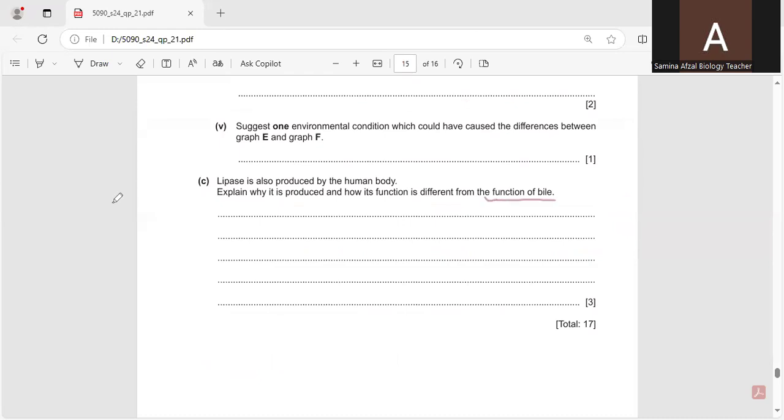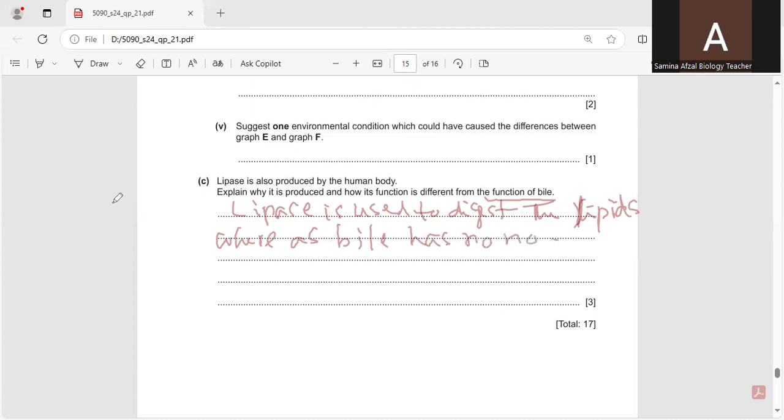So lipase is used to digest the lipids, whereas bile has no enzyme. No enzyme. So bile emulsifies the fats.